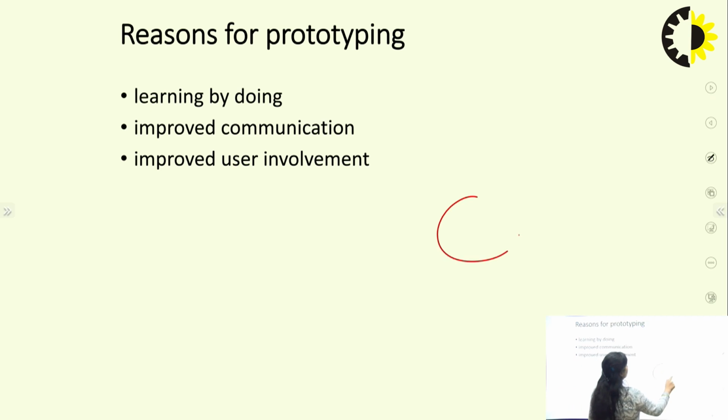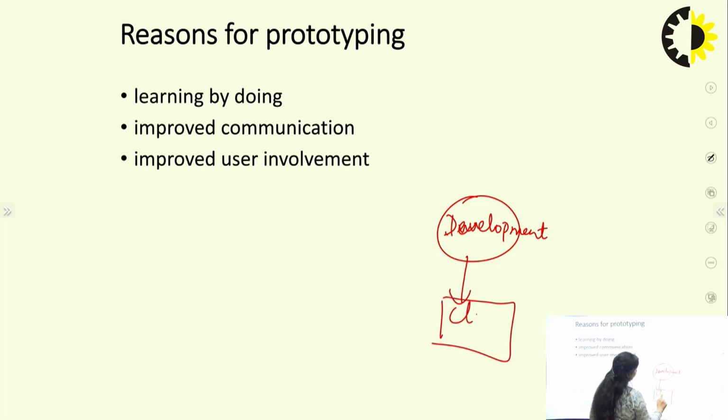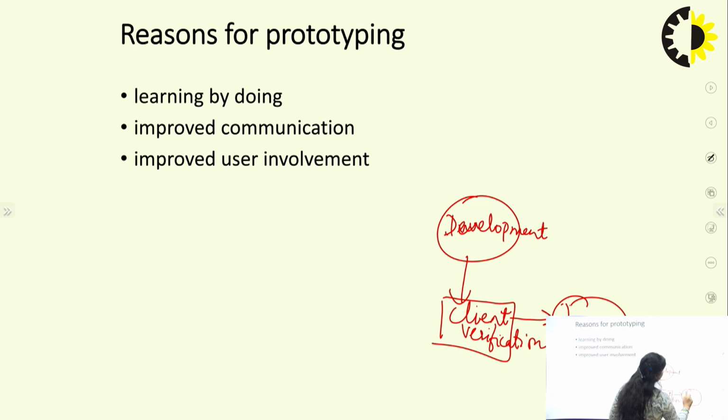So here the development has been done. Prototype has been developed. The client will then see this particular prototype. So what will happen over here? Client verification. Now, if the client is satisfied, then only this will come into the designing phase.